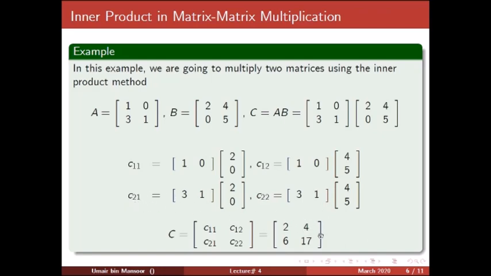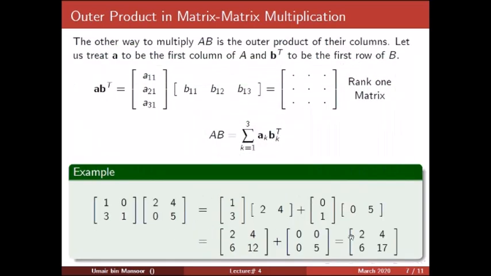This is your C12. C21 is 6 here. Let's see how it came to be 6: 3 times 2 is 6, plus 1 times 0 is 0. So it's 6. C22 is 3 times 4, which is 12, plus 1 times 5, which is 5, which is 17. So we have the matrix C.